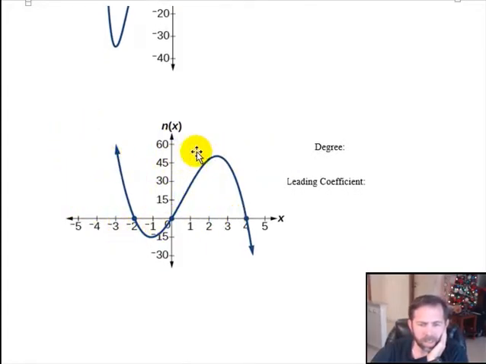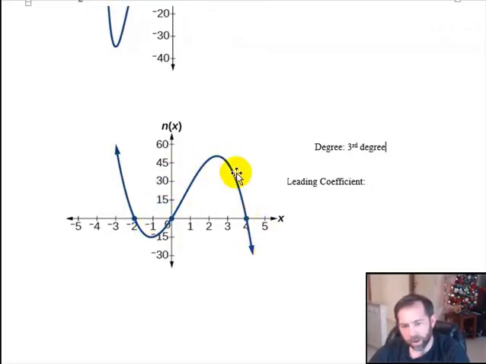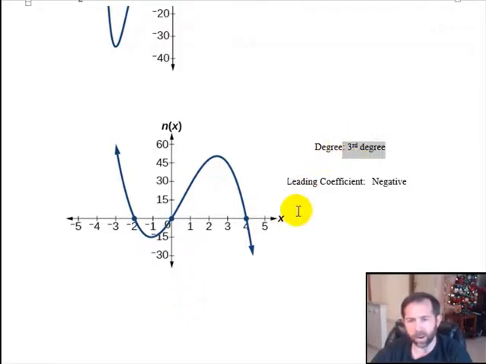Okay, this one we can see that there's 3 points of intersection, so this is a third degree. And because this thing ends going down in the negative direction, we know that the leading coefficient is negative. So if we were to write the graph of this, we at least know that it starts out negative and it's a third degree.